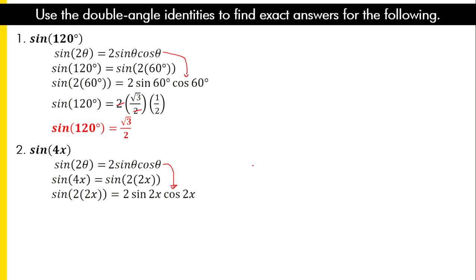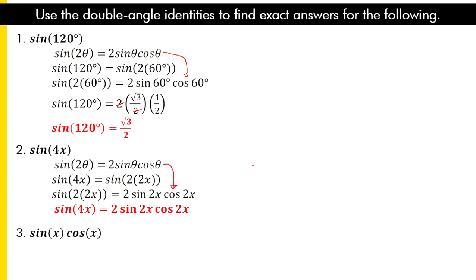So sine 4x, or sine of 2 times the quantity 2x, is simply 2 sine 2x cosine 2x. Here, there is no need to simplify this, and this is the answer. But if you want to use the other identities to simplify this, you can proceed also.